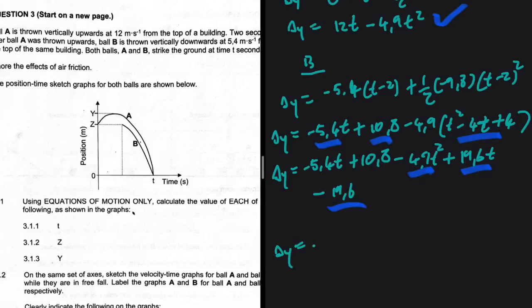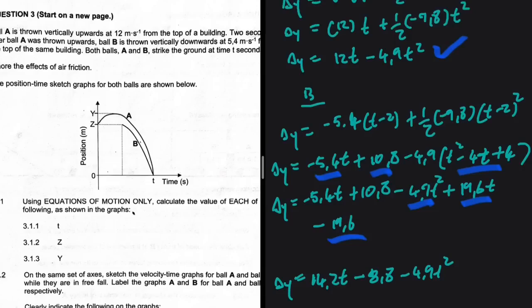So, delta y, let's add the like terms. Minus 5.4 plus 19.6, that gives me 14.2. So we have 14.2t. And then 10.8 minus 19.6 is minus 8.8, and then minus 4.9t squared. It does not have a like term, so minus 4.9t squared.